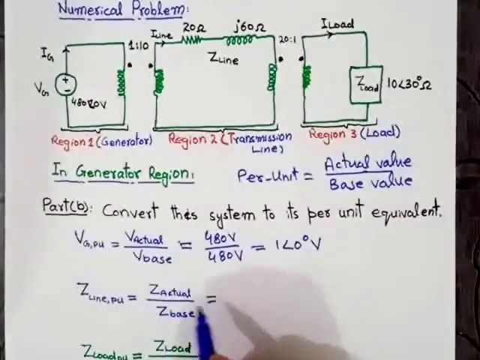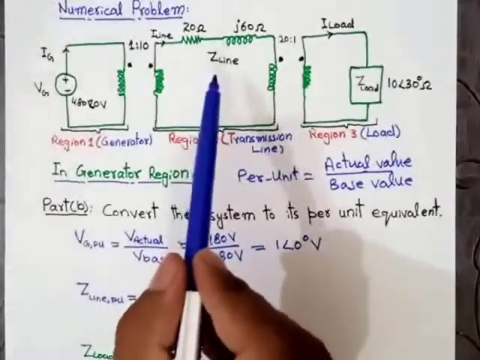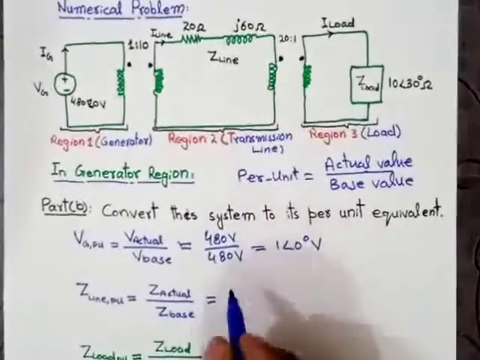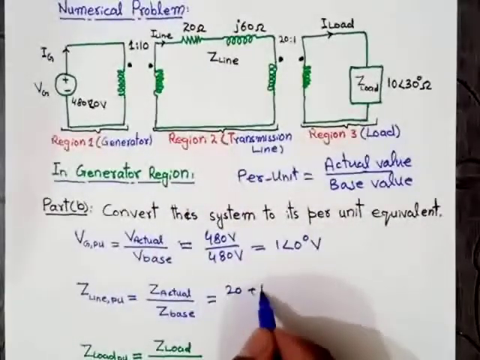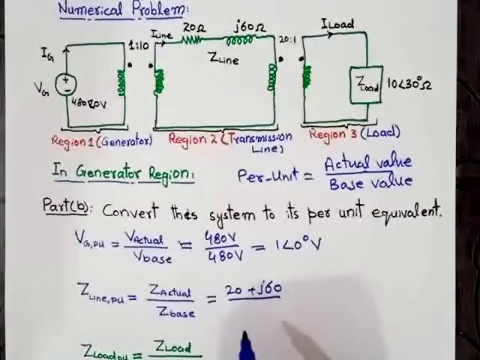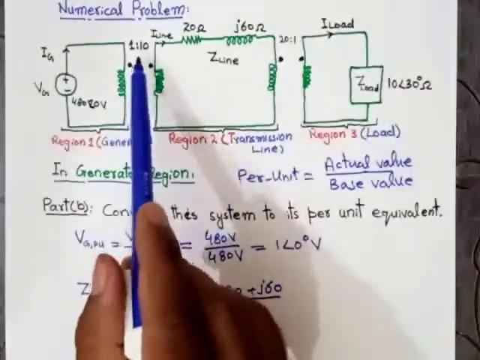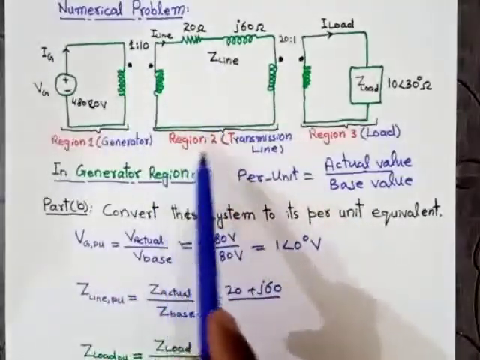So putting the value of actual impedance, that is line impedance given here, 20 plus j60, divided by the base impedance, as we have already calculated in part A at the secondary side of the transformer T1, or in region number 2.